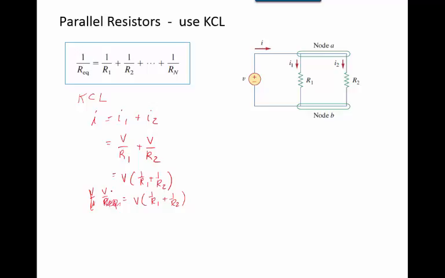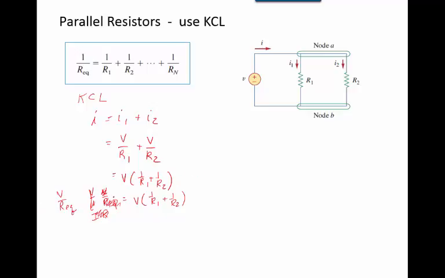Sorry. Did I just screw that up? Yes, I did. I was supposed to say I times R equivalent. Oh, screw up on my part. I had it right the first time. Yeah.